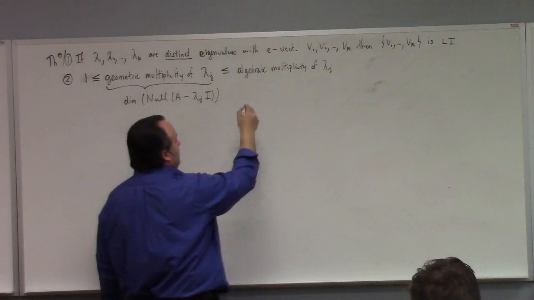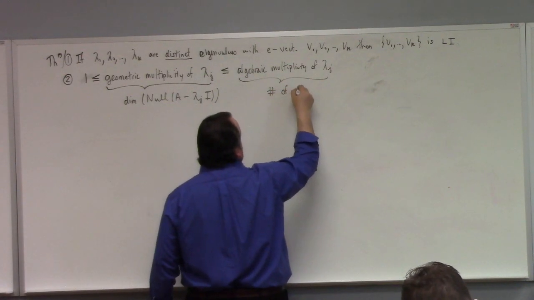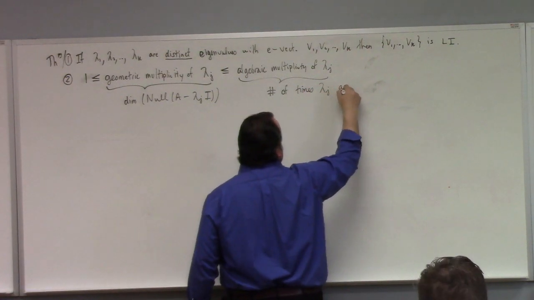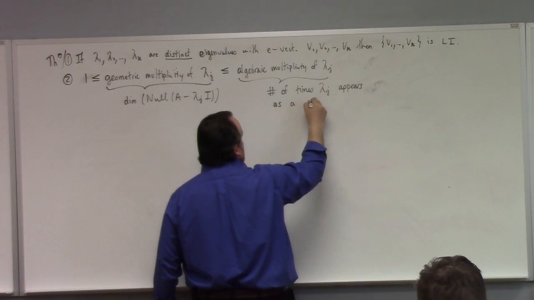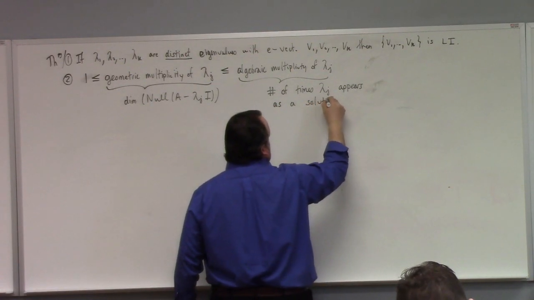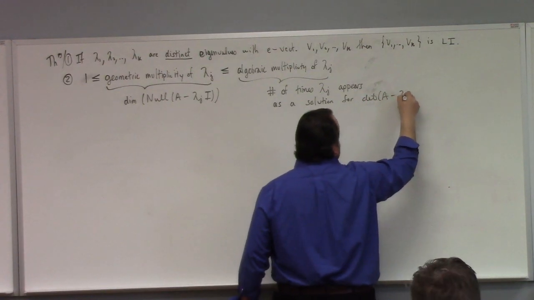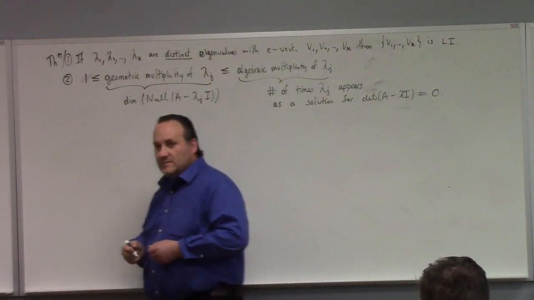All right. This, on the other hand, is the number of times lambda j appears as a solution for the determinant of A minus lambda I equals 0. These are separate ideas.